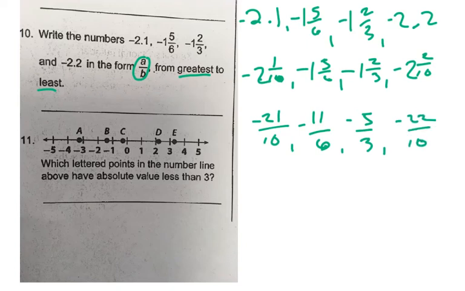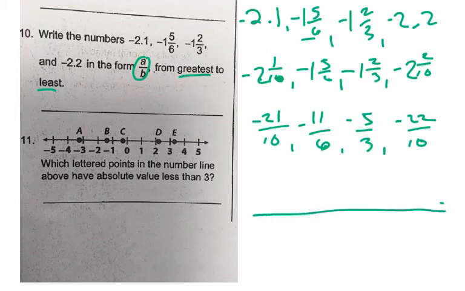So now they want us to list these in order from greatest to least, okay? Well, I already know that -21/10 is the same as -2 1/10, okay? And I already know that -22/10 is the same as -2 2/10. These ones have 1 for their integer.